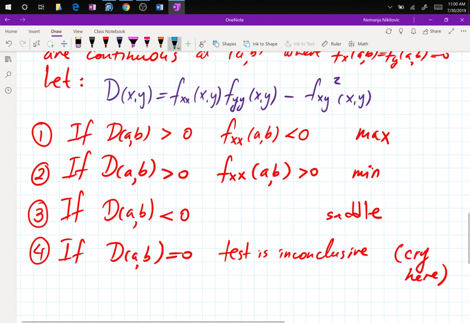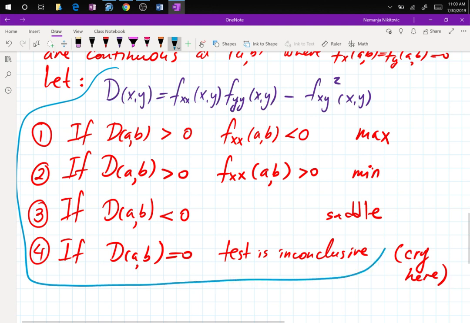So we need the formula for D, that's the second derivative test. And then if you remember your Calculus 1, the second derivative test was connected to concavity. When something is concave down, that means it opens downwards and has a maximum. So the second derivative being less than 0 meant concave down and it had the max.